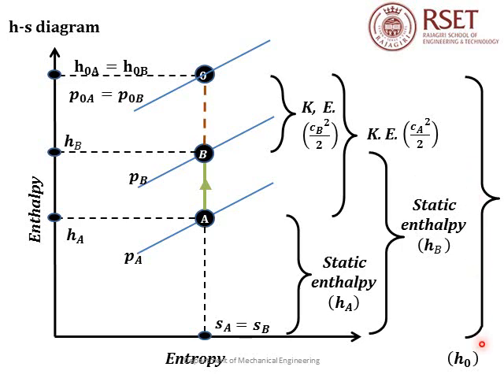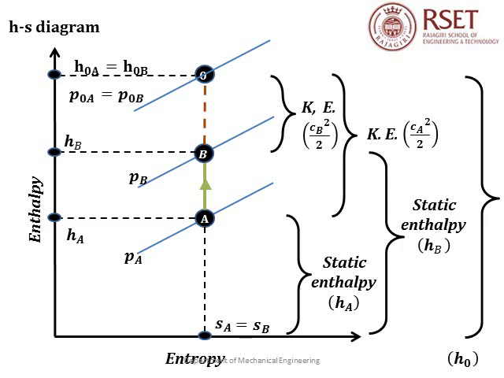The region up to 0 represents the total enthalpy. Now we can see that the fluid with higher velocity lies away from the stagnation condition, and the fluid with lower kinetic energy lies closer to the stagnation condition.